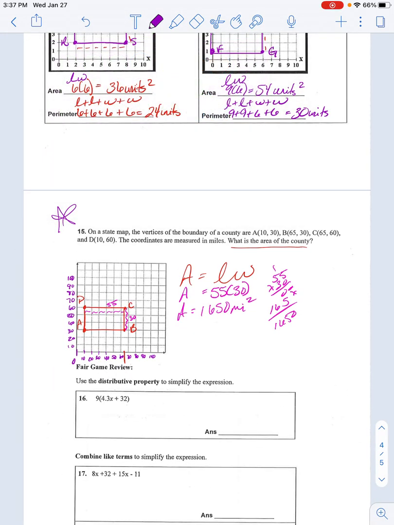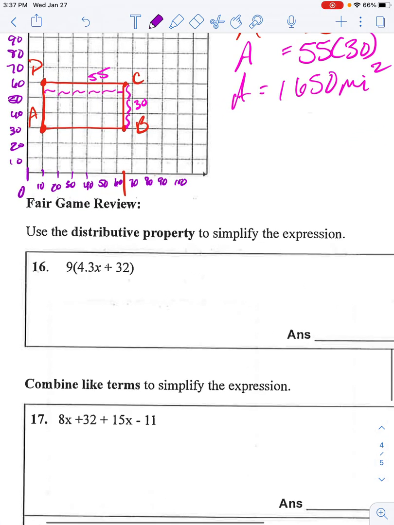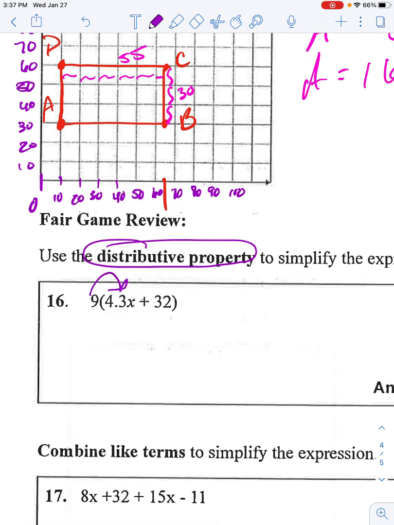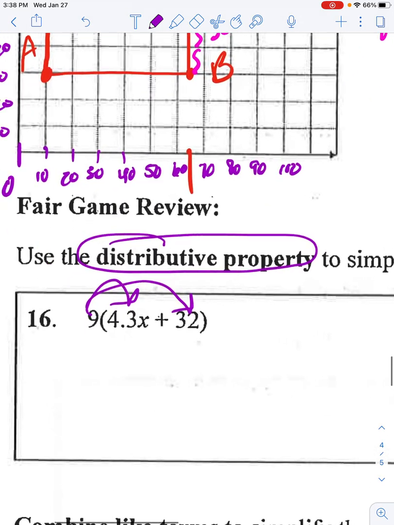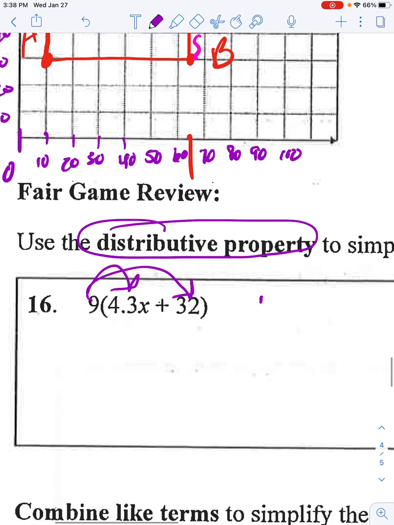Okay, and fair game review, because you can't forget what happened before this chapter. Use the distributive property. Distribute means to hand out. 9 goes to 4.3x, 9 goes to 32. A number on the outside of a parentheses means multiplication. I should see 4.3 times 9.